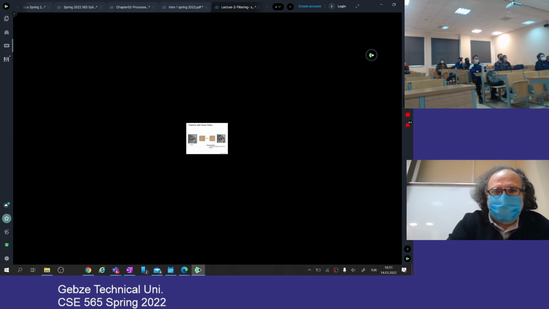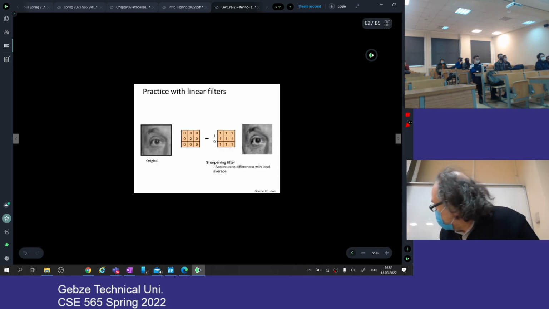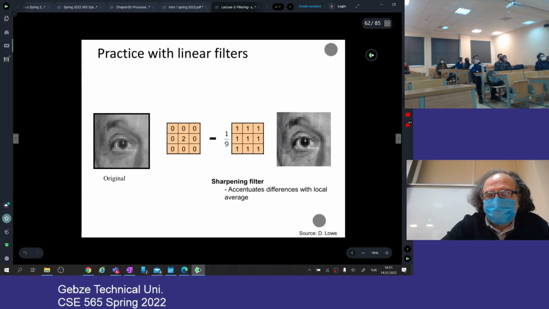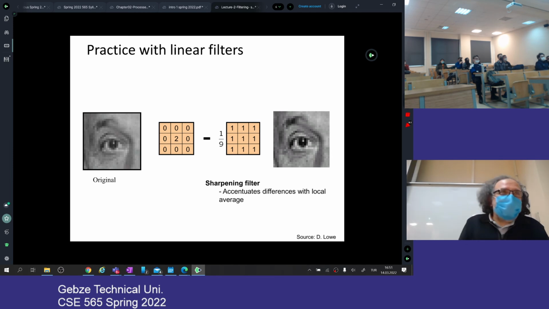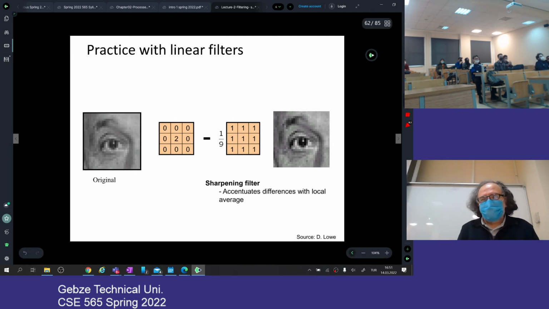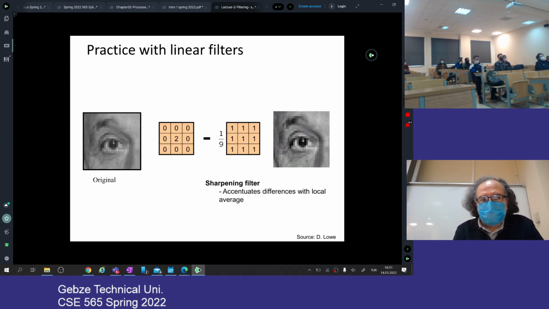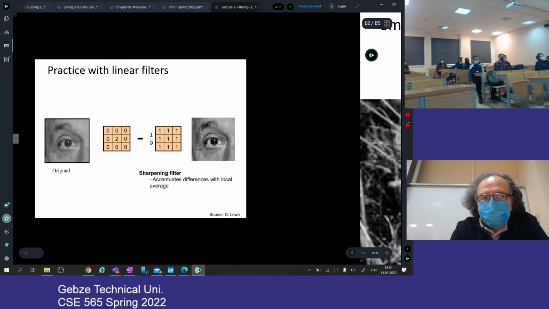No? That's too small. Yeah, maybe like that. Anyway, they did the experiments and humans like this one much better. Okay? It contains the same kind of information, but people like these kinds of images better if the sharpening is applied at the right amount. If you do this too much, then people don't like it much. So there is a trade-off.